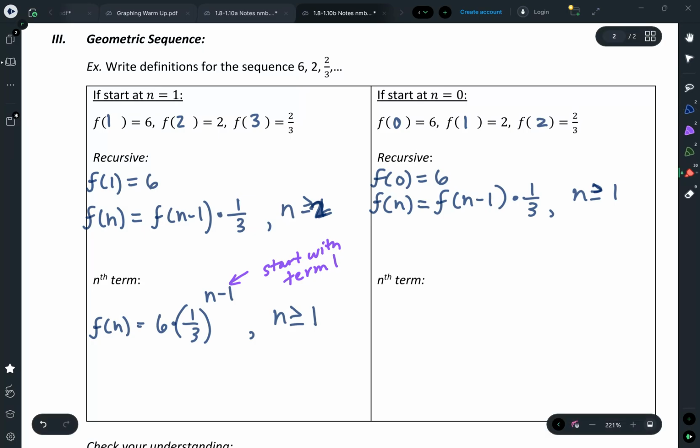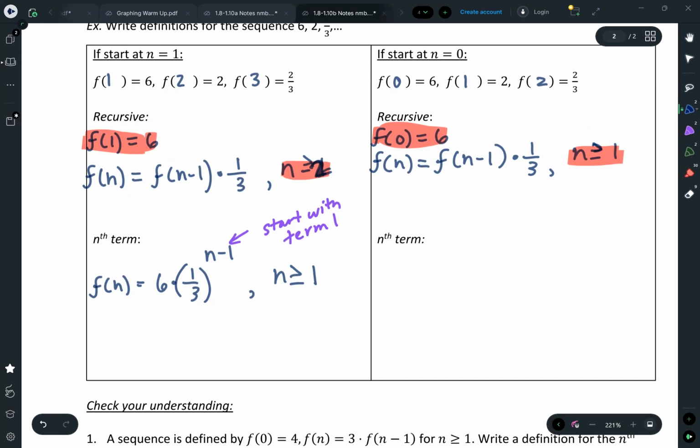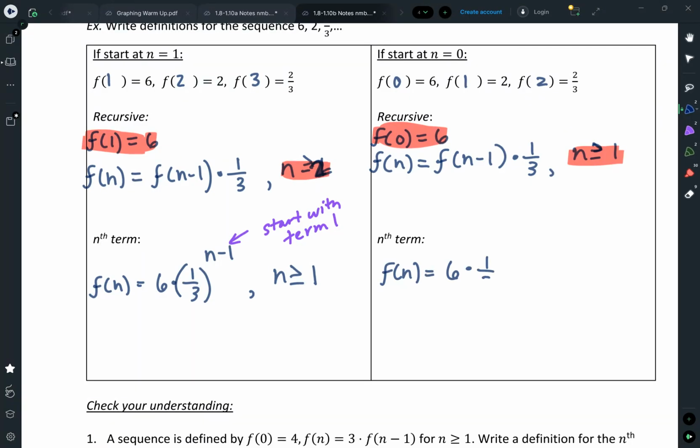So the big differences on these guys again are the first terms that we give. One time the first term is f of 1, the other time it's f of 0, and then n greater than or equal to 2 versus n greater than or equal to 1. So for nth term, f of n equals, we have our start, 6 times our growth factor, but instead of the power being n minus 1, now it's just going to be n.